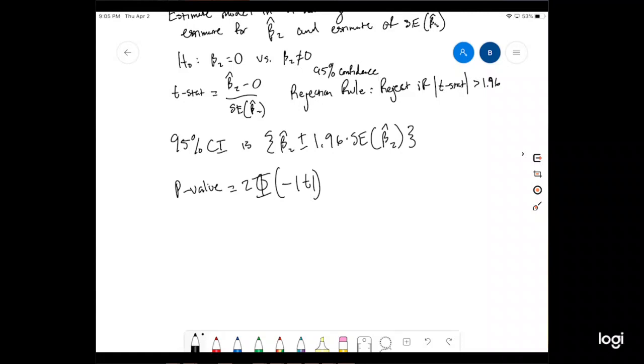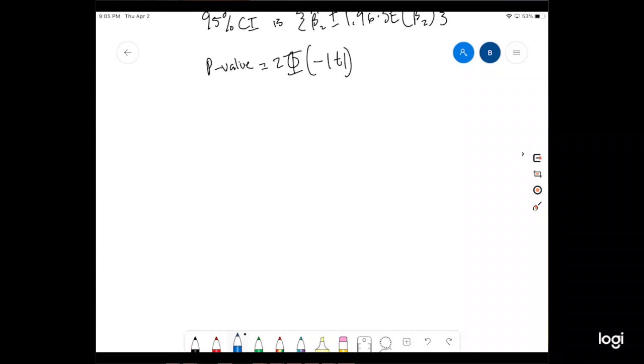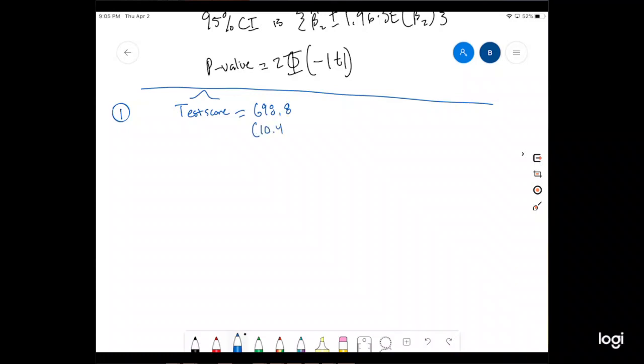Let's do an example of class size and test scores, our favorite example for this class. We're going to have two models, one with a single regressor and one with two regressors. Model 1: test score equals 698.8 with a standard error of 10.4, minus 2.28 times student-teacher ratio with standard error of 0.52.